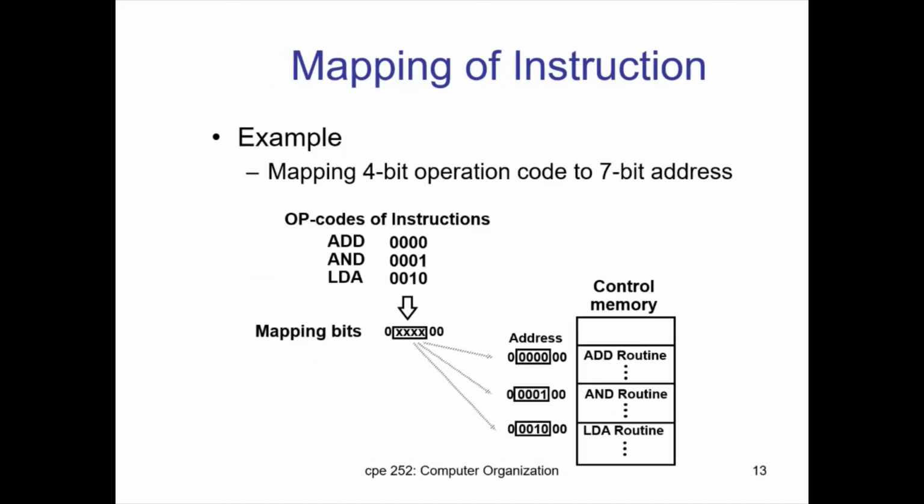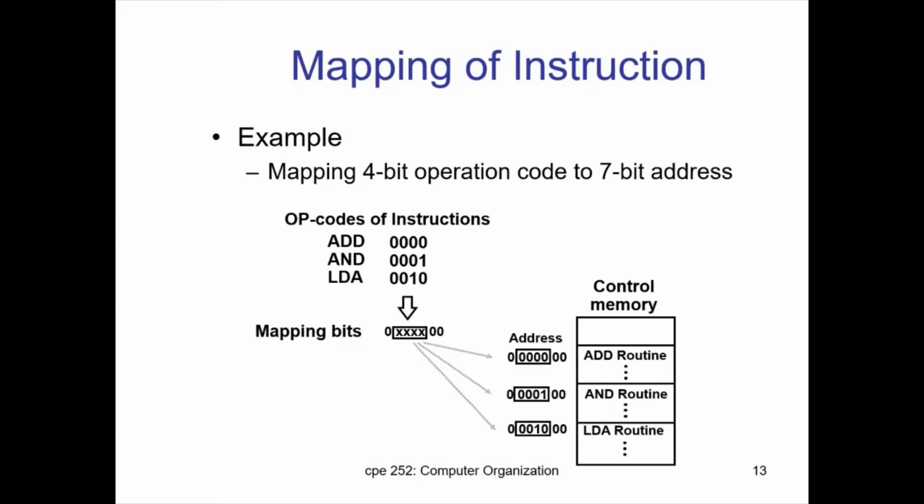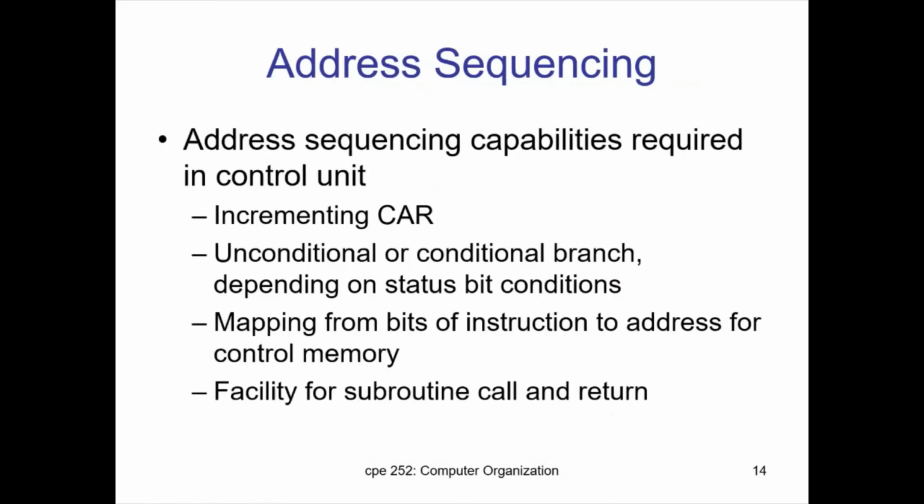Without this nothing will happen. So for example, 0000 is coffee, and 0001 is noodles or some other dish, or tea, which will be stored in a routine. Whenever the user clicks on the particular routine, it will start preparing the dish. So this is called mapping of instruction.